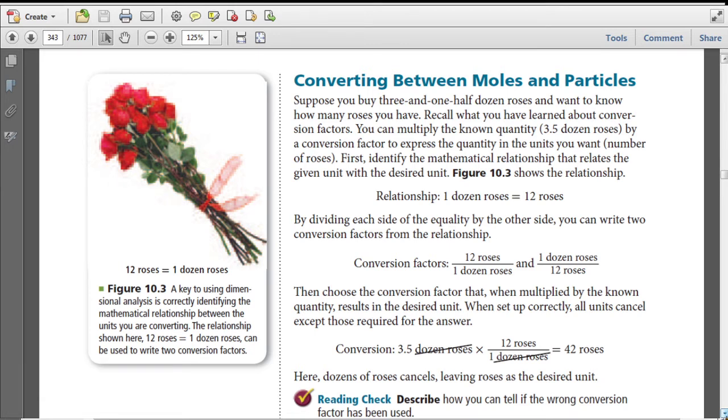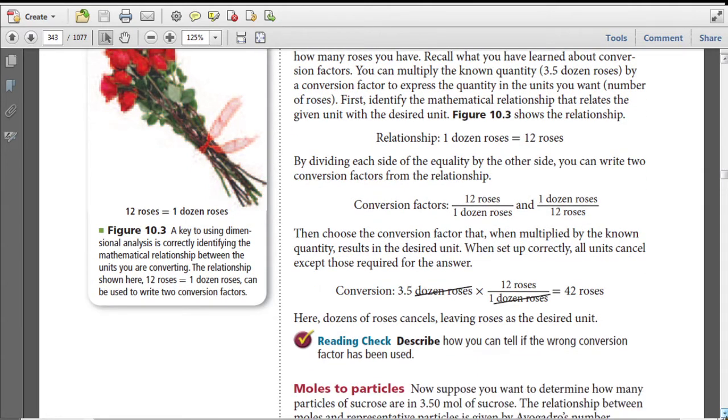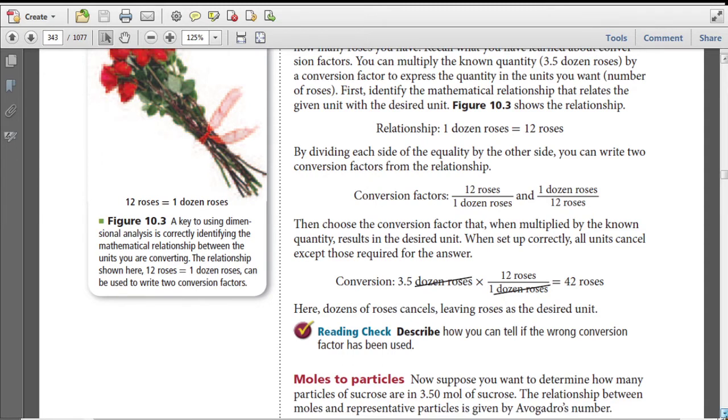First, identify the mathematical relationship that relates the given unit with the desired unit. That relationship is that 1 dozen roses is equal to 12 roses. By dividing each side of the equality by the other side, you can write 2 conversion factors for the relationship: 12 roses over a dozen, or a dozen roses over 12 roses.